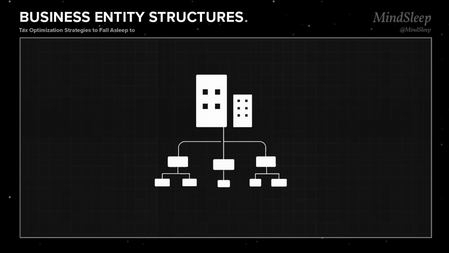However, LLCs have the unique ability to elect their tax treatment, potentially being taxed as corporations, if that proves more advantageous. This flexibility is a powerful tool in the tax planner's arsenal.